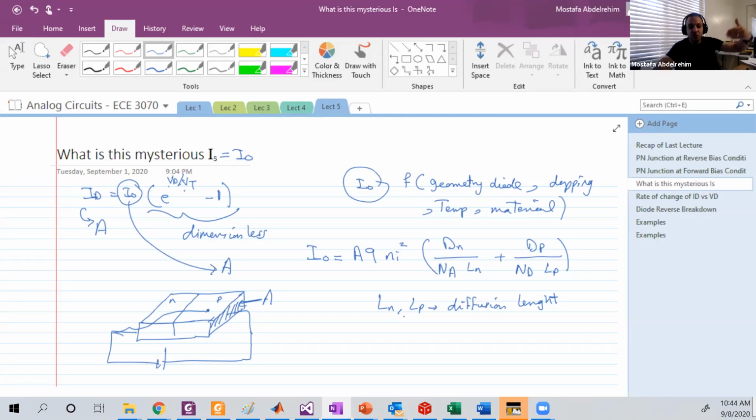Ln is the diffusion length for electrons, and Lp is the diffusion length for holes. But we don't need any more details about this. I'm just showing you that this equation has something very important called I naught, which reflects the characteristics of the geometry, doping, everything.